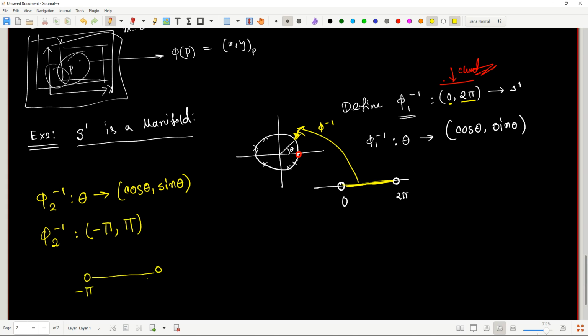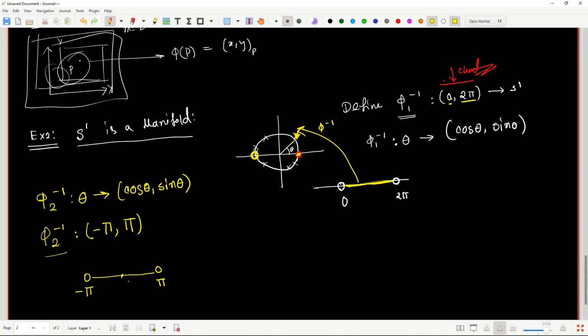Let's say this is minus pi, this is pi, and now you can see that 0 falls in between over here, and this map will cover this point that we initially failed to cover with the chart 0 to 2 pi. However, we will see that now this point over here is not covered.